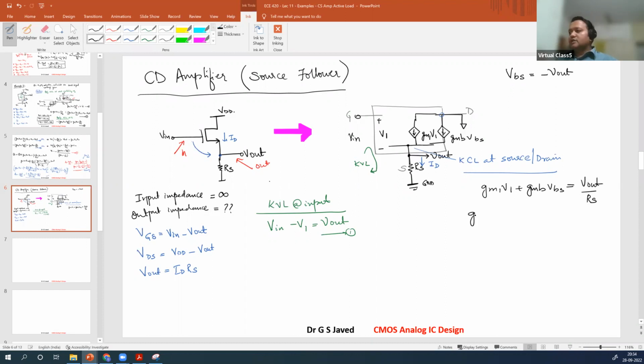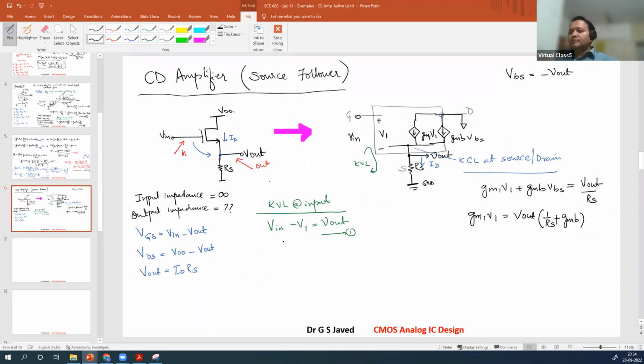So you will get gm1 V1 is equal to Vout times (1 over RS plus gmb), with VBS being minus Vout. So there is a relationship between V1 and Vout given.